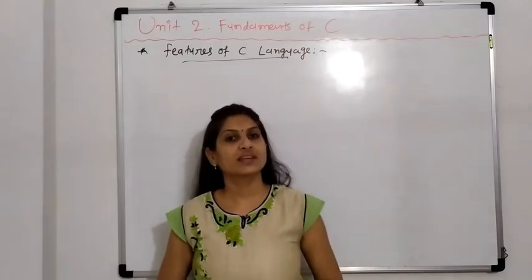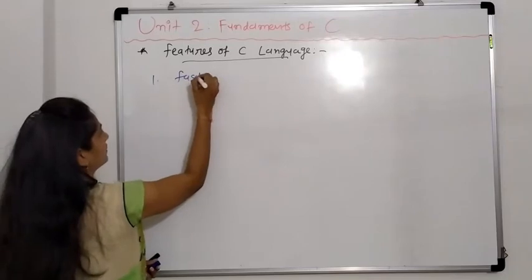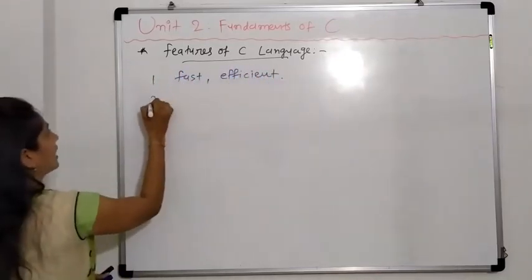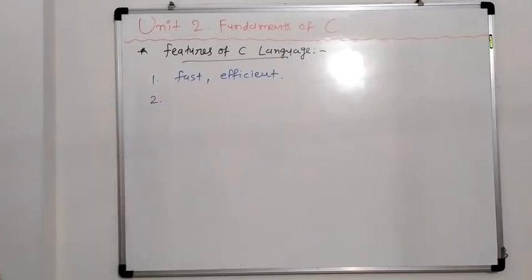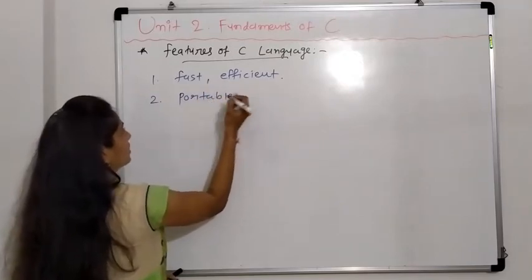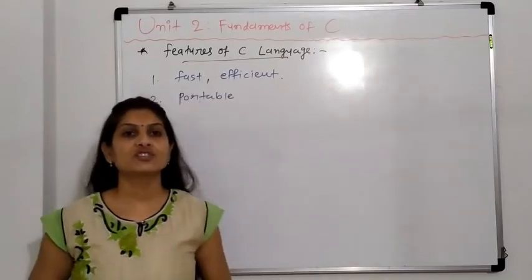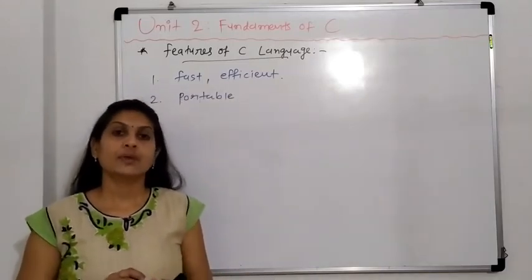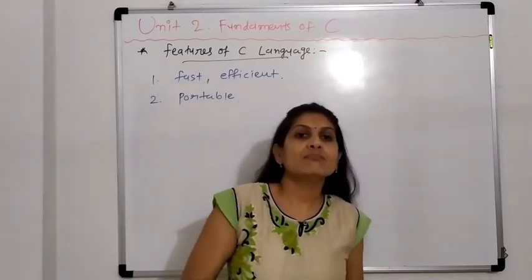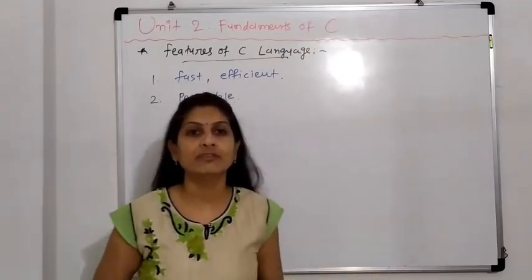So the first feature is it is very fast and efficient. Second is it is a portable language. Now what is the meaning of portable language? Portable language means a program executed on one PC can be executed on another PC without any modification.